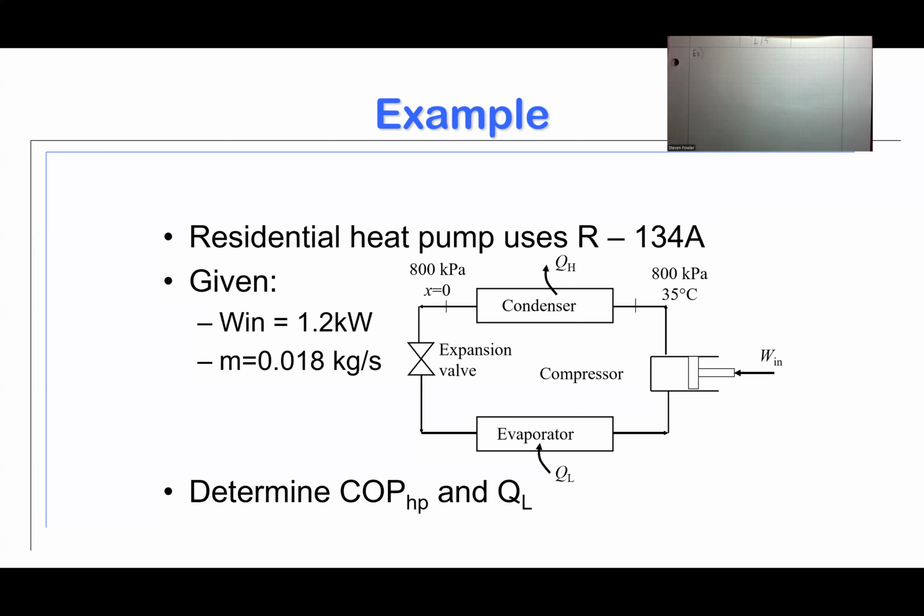We have a residential heat pump here. That is a W dot, a power input, and an M dot, a mass flow rate. So we have a heat pump using R134A as its working fluid or its refrigerant.